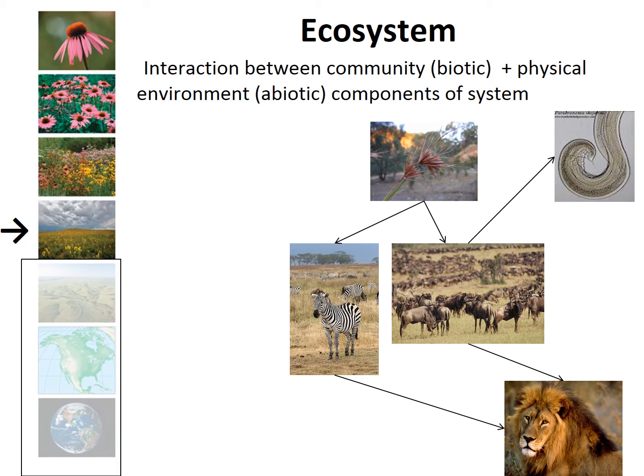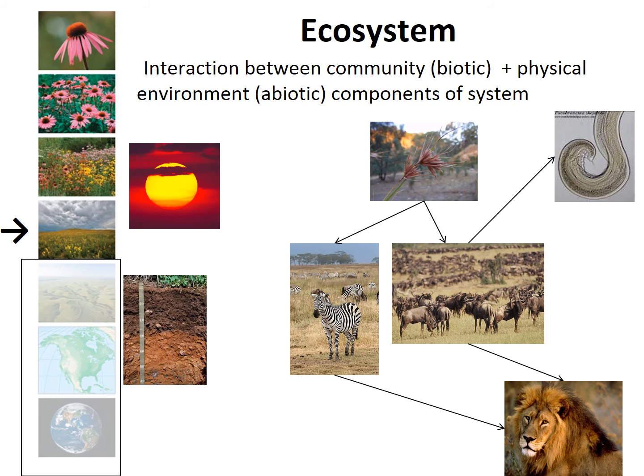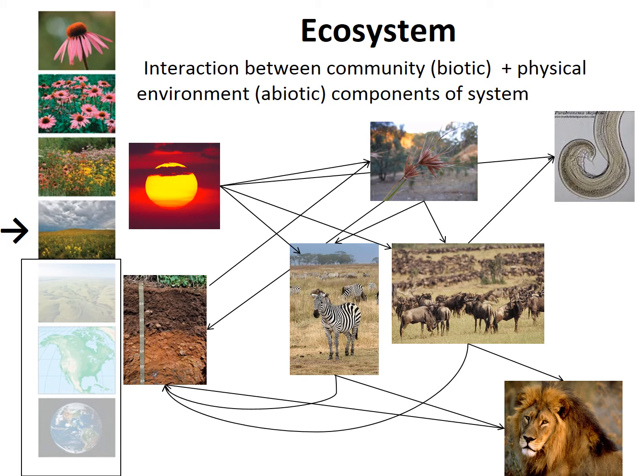But as an ecosystem ecologist, we would look at how those abiotic elements are driving the transfer of energy and matter, these abiotic elements that are being exchanged in between. And I really want to emphasize that ecosystem ecologists focus on the transfer of energy and matter between these elements.